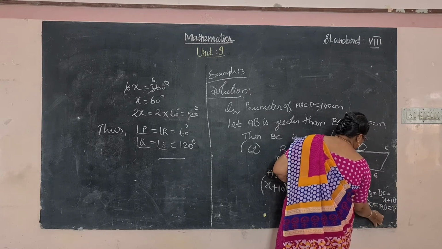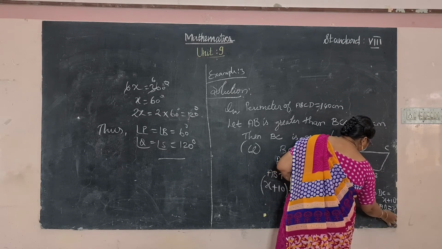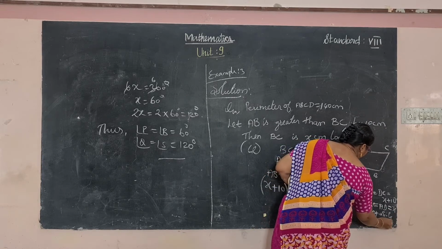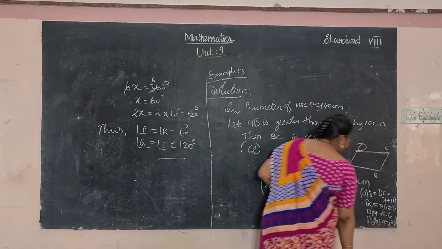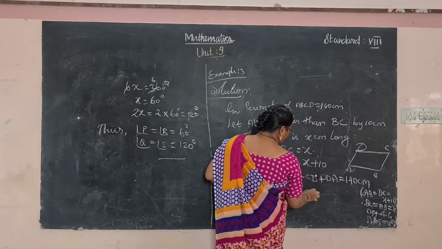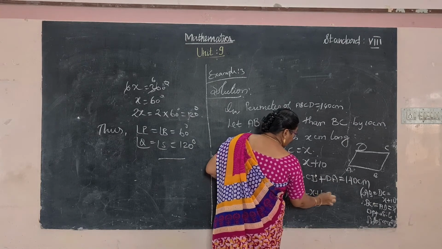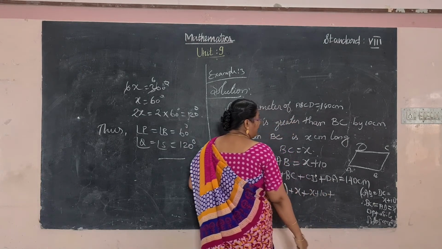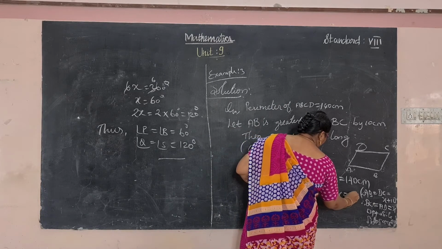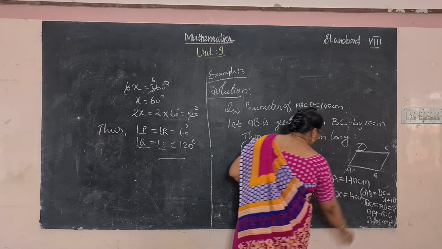Opposite sides are equal. So CD value was x plus 10 plus DA value x is equal to 140 centimeters.